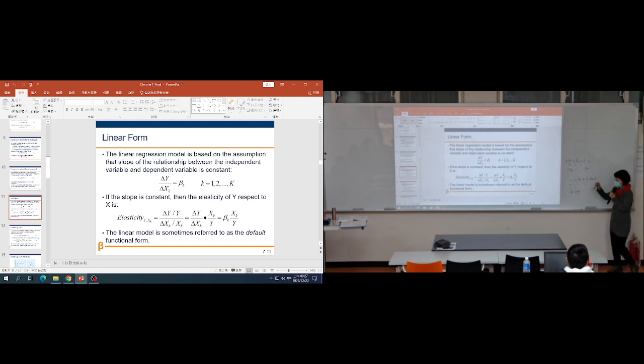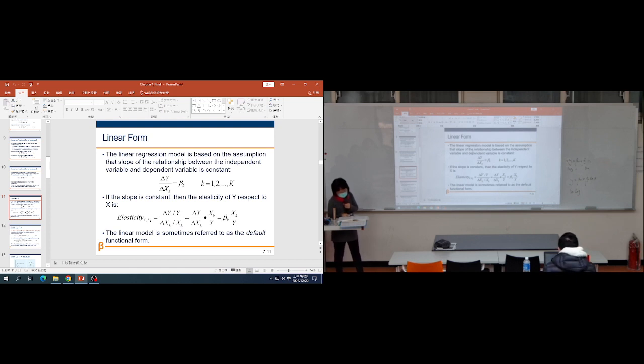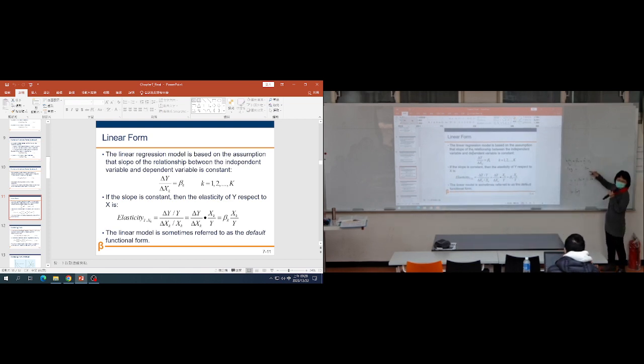But since we express it as a percentage, look at the definition from table 1. If y is log and x is linear form, then since we explain it as a percentage, we need to multiply beta 1 by 100.